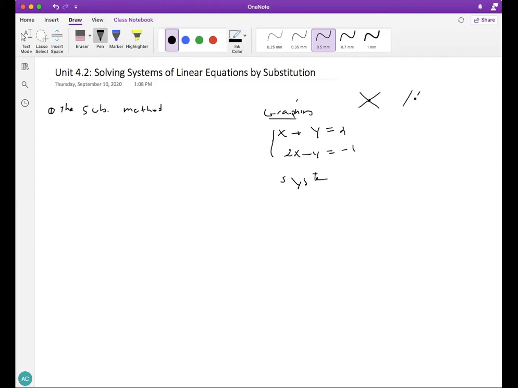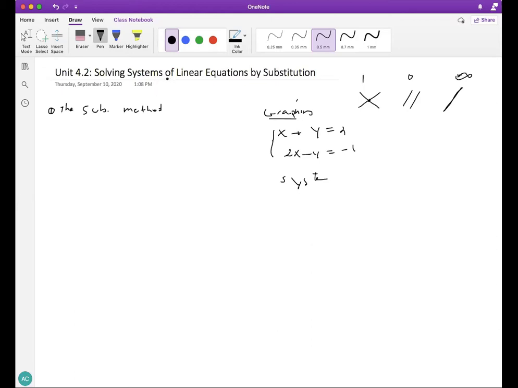Sometimes the lines are parallel, they don't meet at all, so no solution. Or sometimes the lines overlap. So you grab the first line, then you grab the second line, for example, and it ends up overlapping with the second one. So here we have one solution, here we have zero solutions, and here we have many solutions. Okay, so that's the method of graphing.